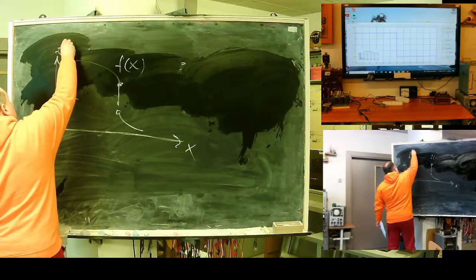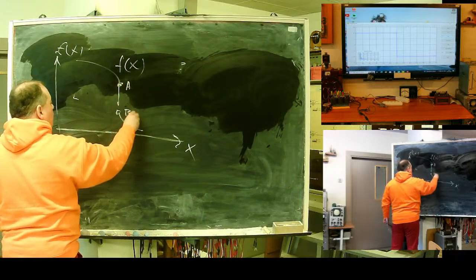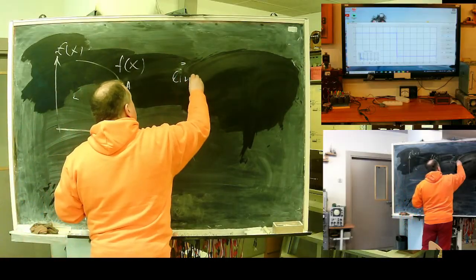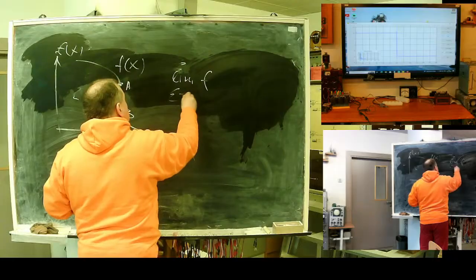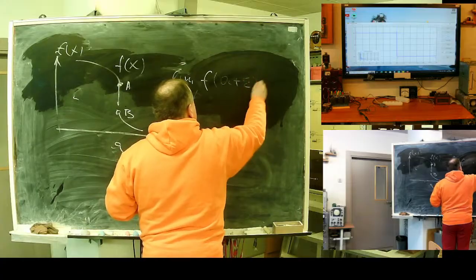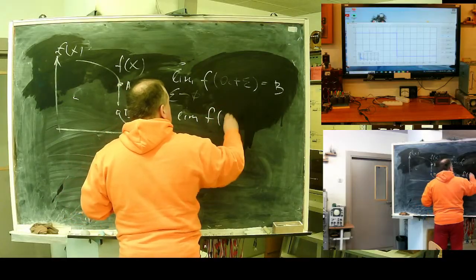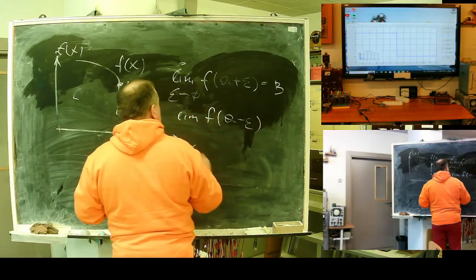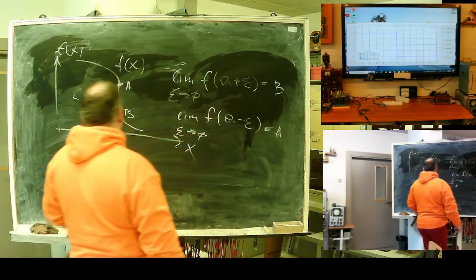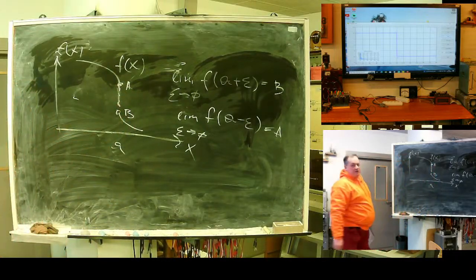The function at point A has a break, with two points A, B. When epsilon goes to 0, the function at A plus epsilon is B, and the function at A minus epsilon is A. Something like this, a function with an interrupt.